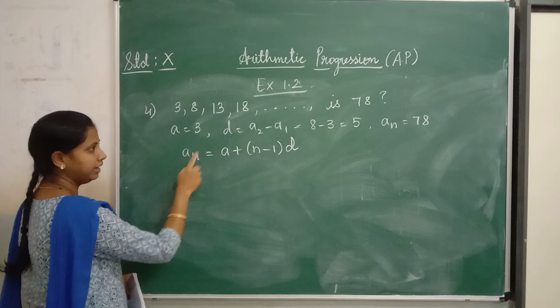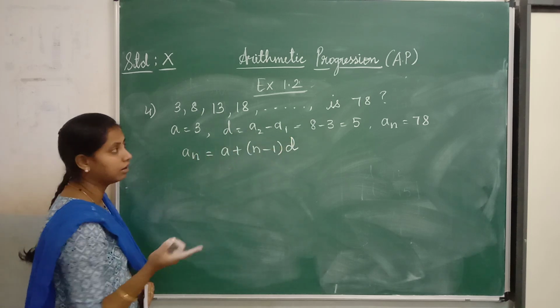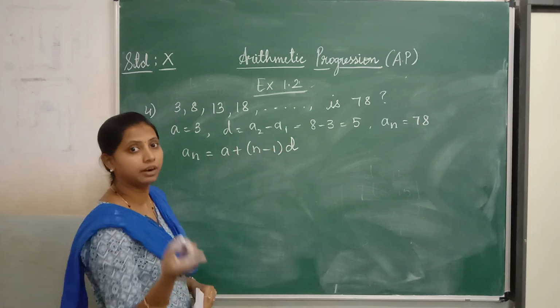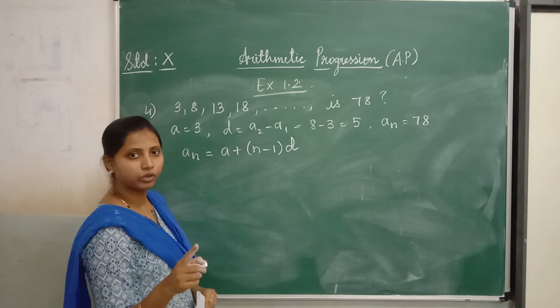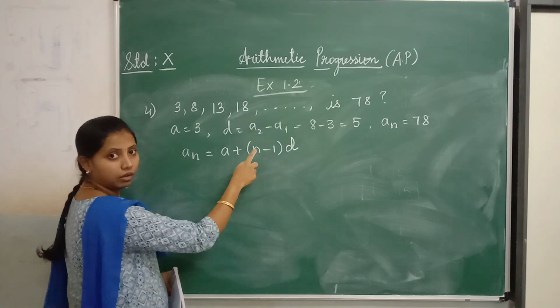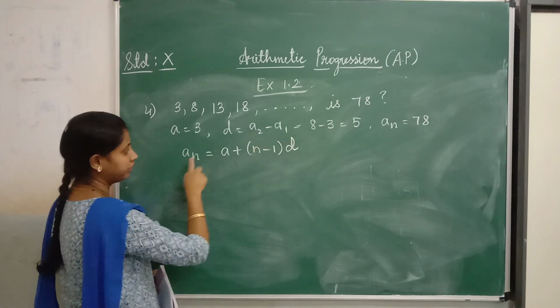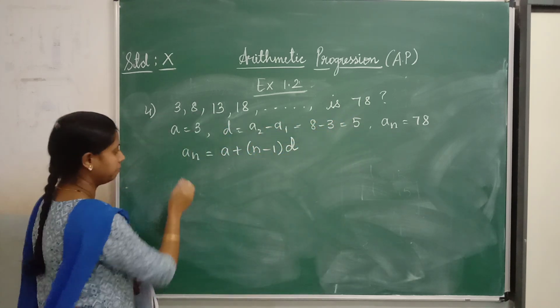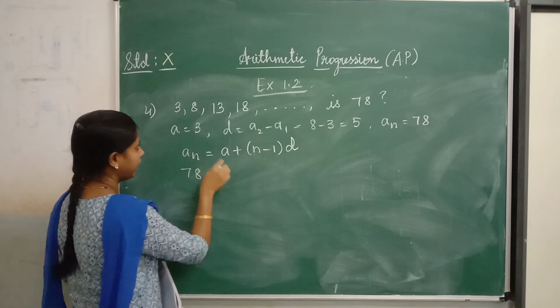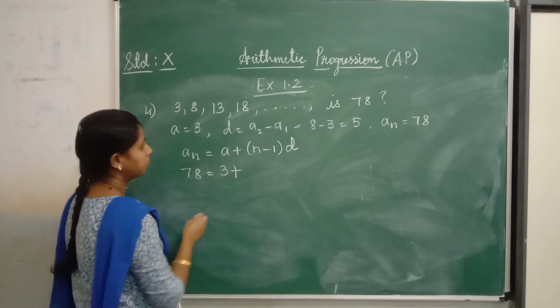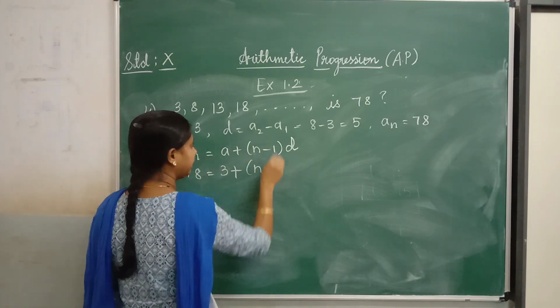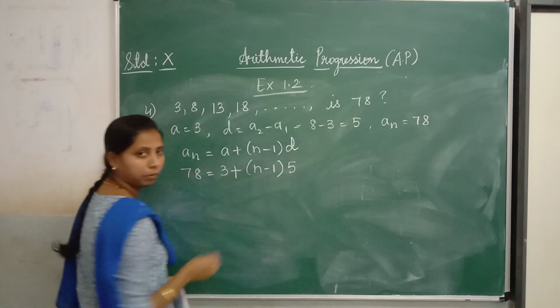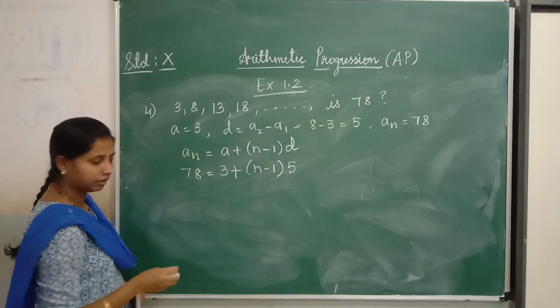When this type of question is given, like which term is 100, you have to find the value of n. So whichever term you have to find, take it as an. So 78 equals a is 3 plus n we have to find, d is 5. Simplify this to get the value of n.